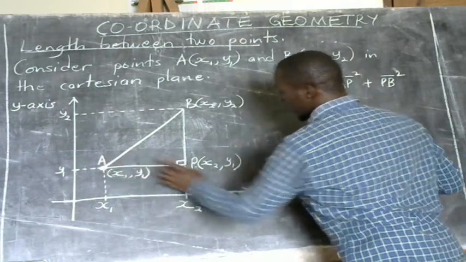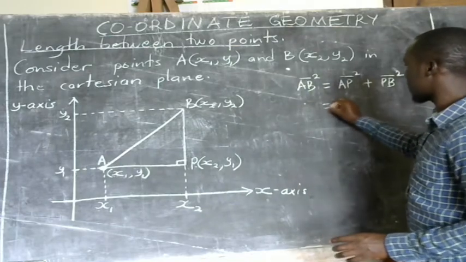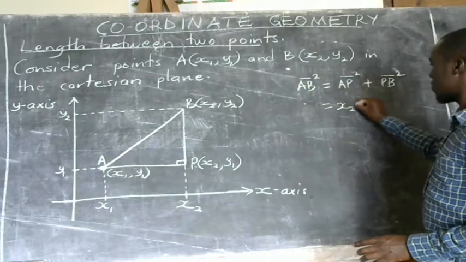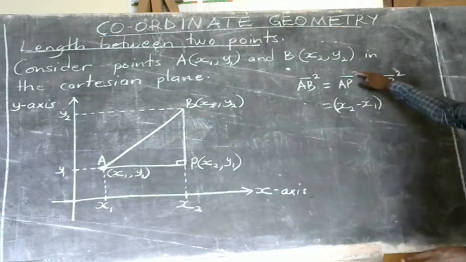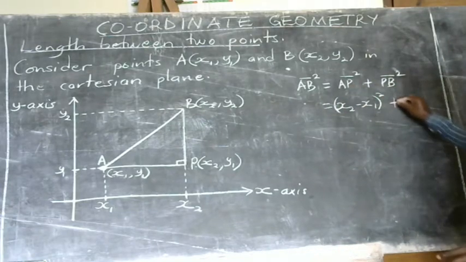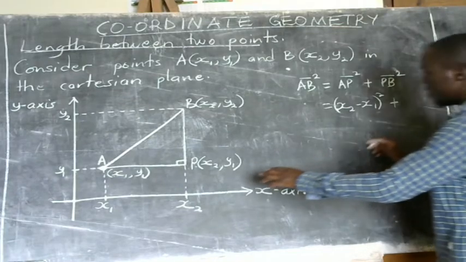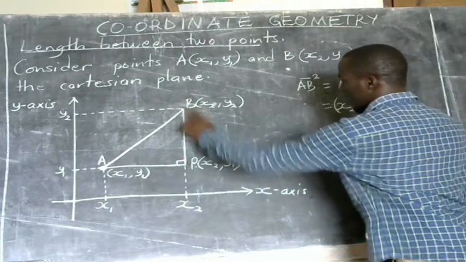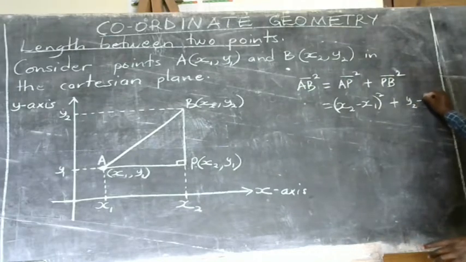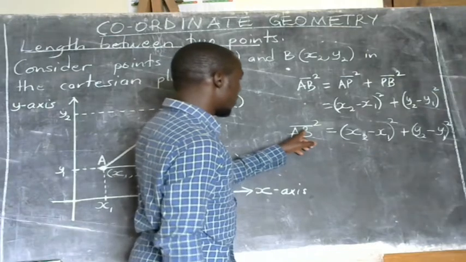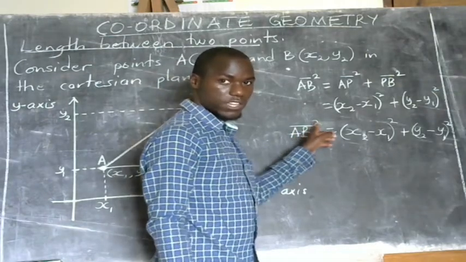So that's going to be x2 minus x1. That is my AP, but it is squared. Then plus PB, when I get the difference, that is y2 minus y1 squared. Now my AB squared is equal to the other side.